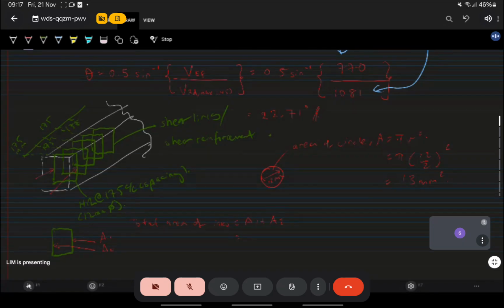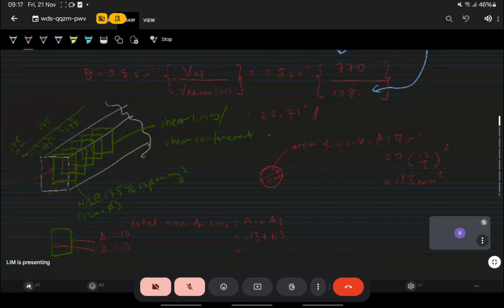That means A1 is 113, A2 is 113. So the total area is 113 plus 113, which is 226.